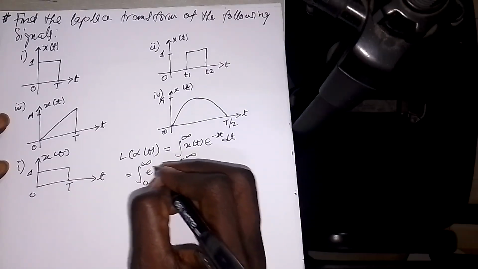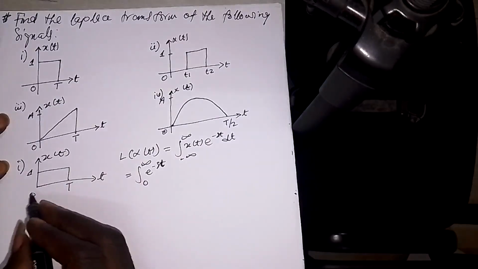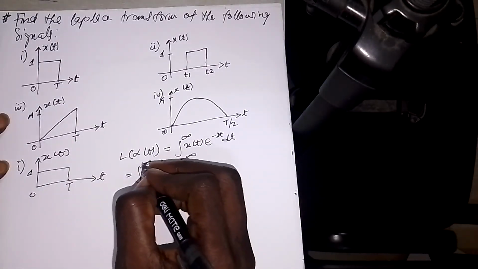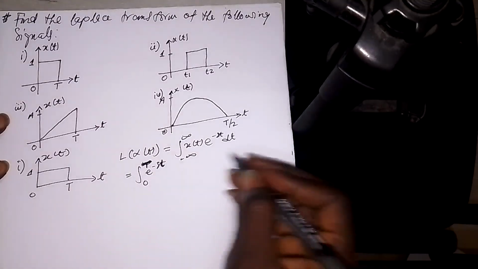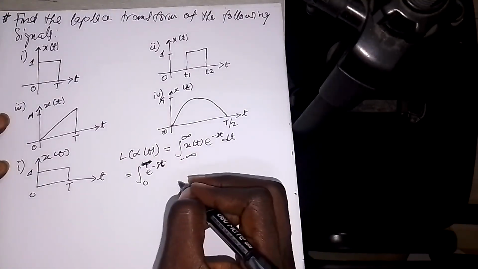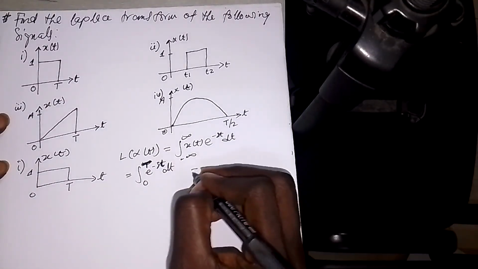So I'll just write e to the minus st dt here. Sorry, it's not 0 to infinity. I'm so sorry, it's 0 to T, because you can see that it's 0 to T. So this is what I'm going to have, times dt. This is what my function is.